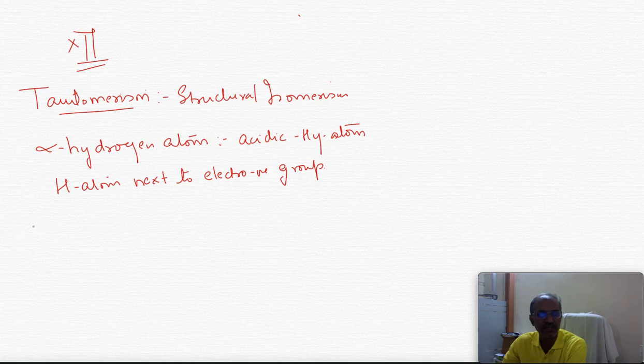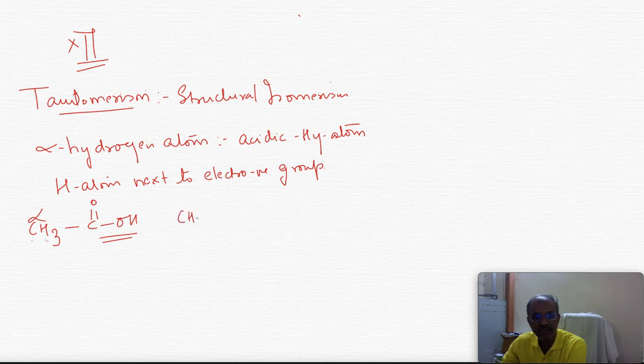Take for instance CH3 C double bond O OH. This is an electronegative group, and these hydrogen atoms are known as alpha hydrogen atoms. Because they are on the alpha carbon atom, these are acidic hydrogen atoms.